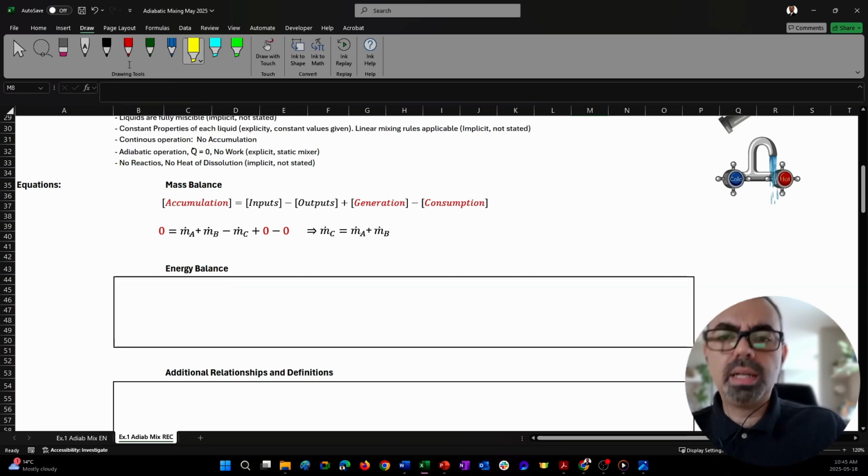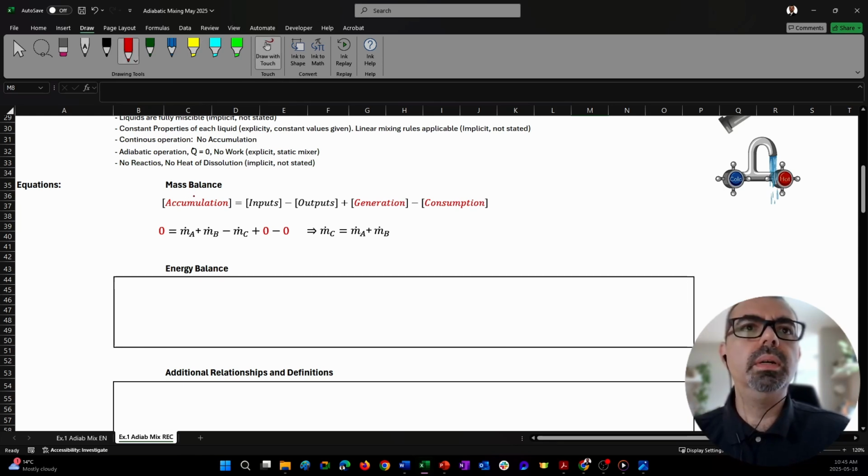In this case, we're clearly told that there is no accumulation. Therefore, because it is steady state, this term is zero. So every time you write the assumption, you need to convert it into a number. And then you also write on the side why you did it: steady state. So this way you will not forget why you did that.